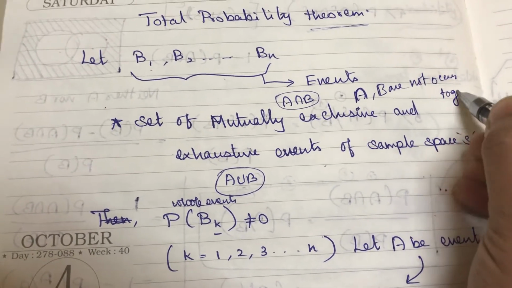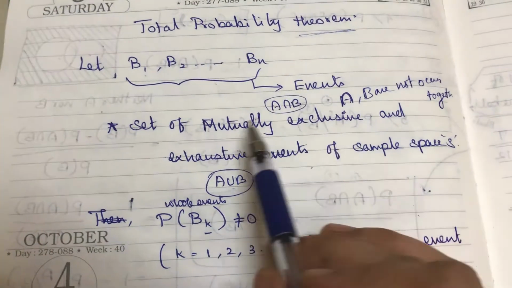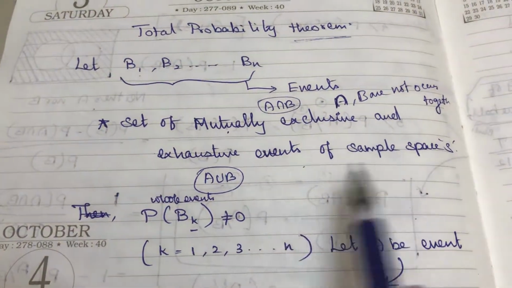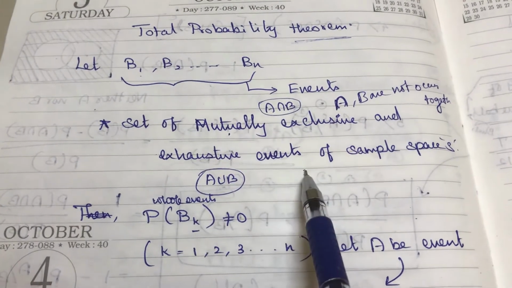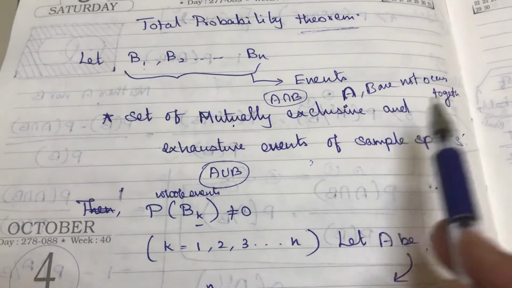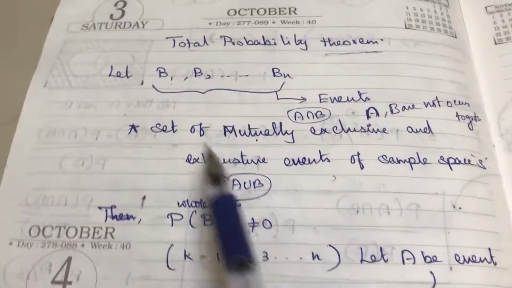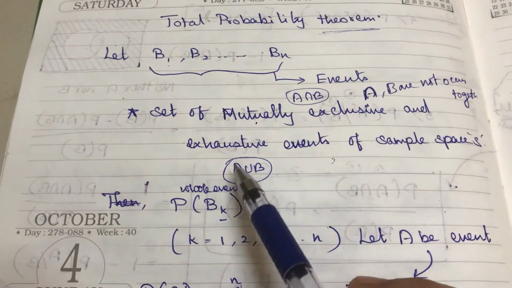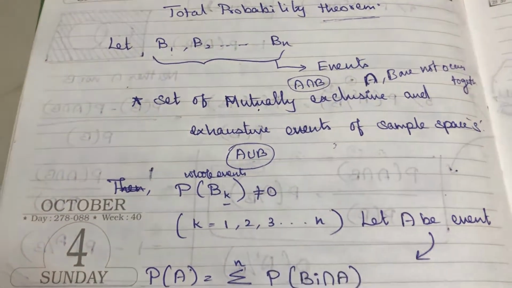Okay, it will not occur together. That is mutually exclusive. Okay, this is a common thing. And exhaustive events means we need to consider both things of the sample space. Yes, so this is a set which contains A and B, intersection and union.